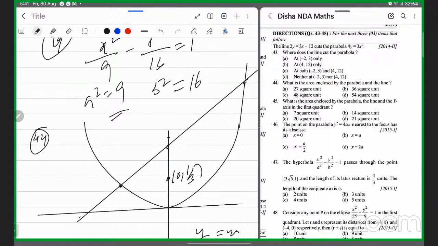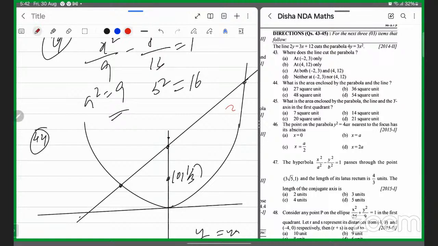Tell me. I will solve the parabola. Then how could you answer? Yeah, that's correct. Which point is correct? Which option? C is the correct option. Now, what is the area enclosed by the parabola and the line?